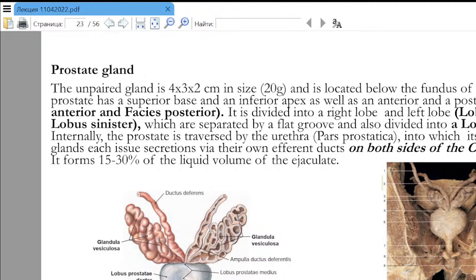Internally, the prostate is traversed by the urethra, pars prostatica, into which its 50 individual glands each issue secretion via their own efferent duct on both sides of the colliculus seminalis.